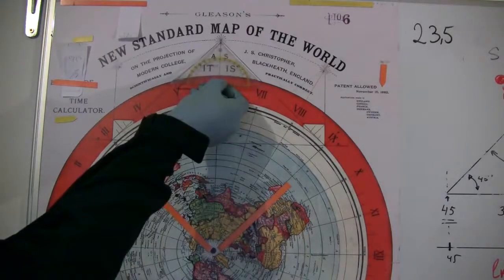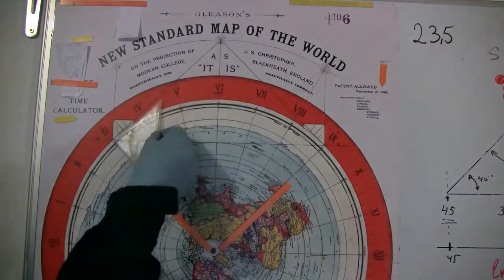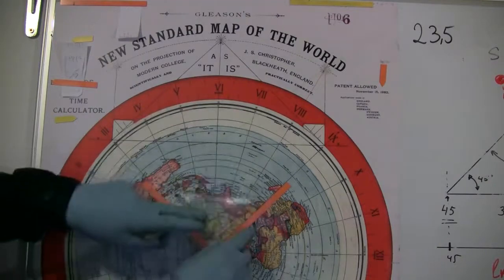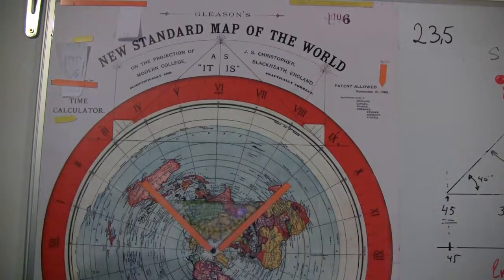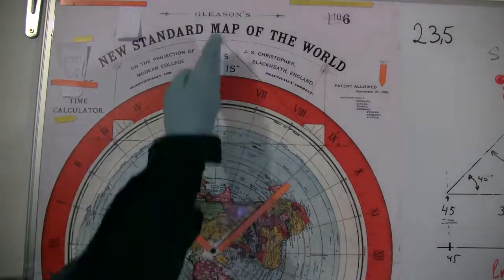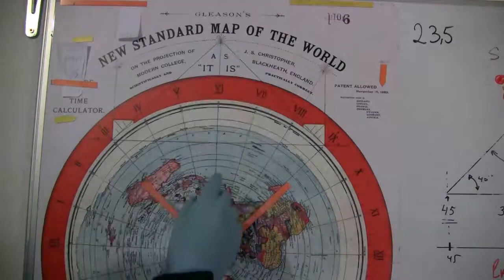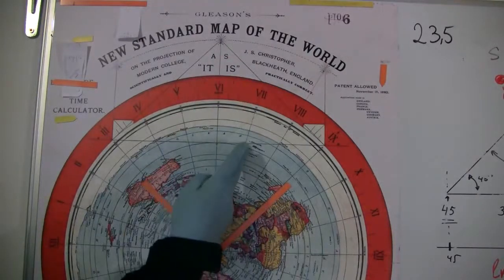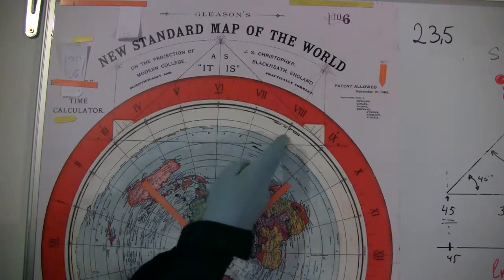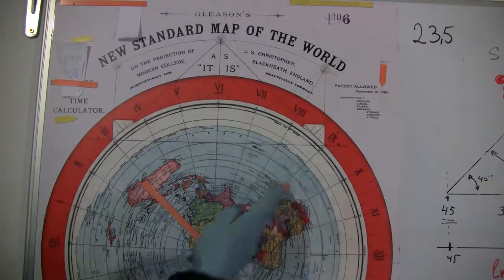This is 90 degrees, this is 90 degrees, and this is also 90 degrees. So it's the same triangle, same distance. This is 0 degrees, 15 degrees, 30, 45.